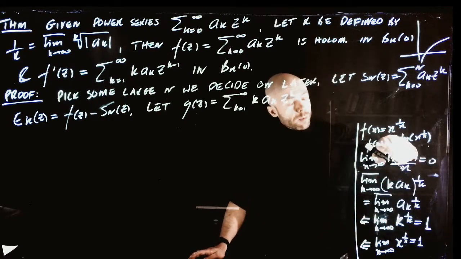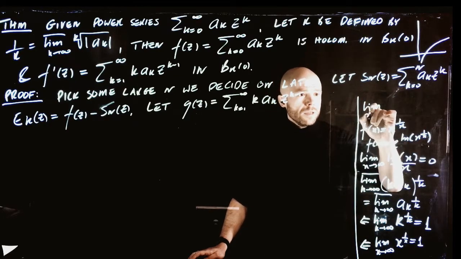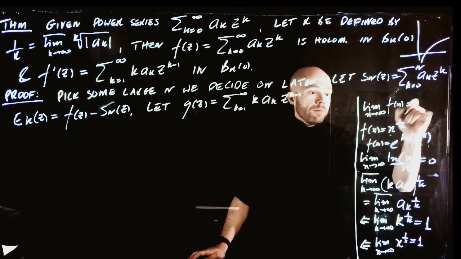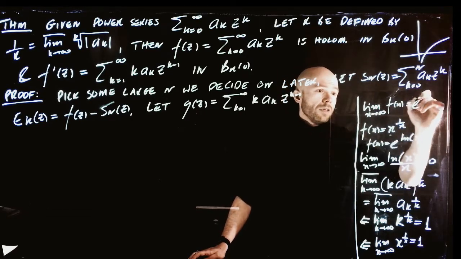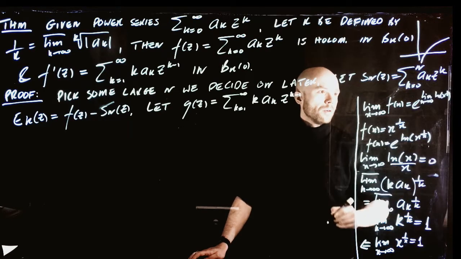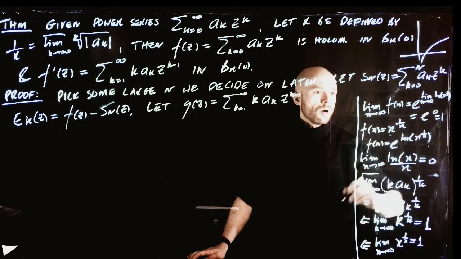So then when we pass to the limit, the limit as x tends to infinity of f of x, because of continuity of this thing, is equal to the limit as x tends to infinity of this thing. You probably can't read it because it's off the edge of the board, but this is just e to the 0, which is therefore just 1. Yeah?